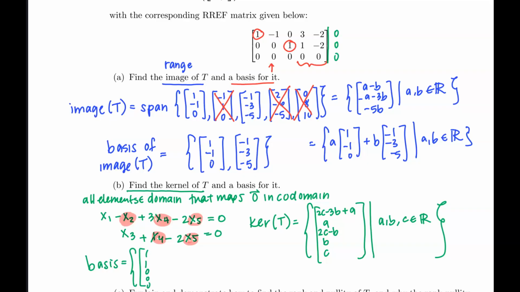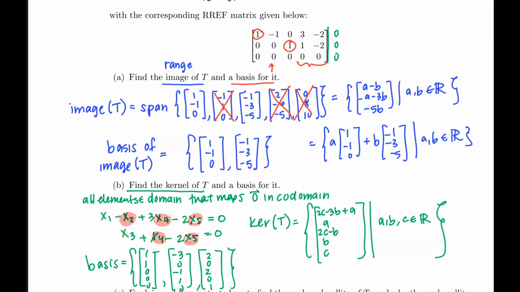Oops, close off my vector, start another one. We have negative 3 b's, no b's, negative 1, 1 and 0. And then for c's, we have 2, 0, oops, not 0, 2, 0, 1. And that is our basis, that set of vectors.